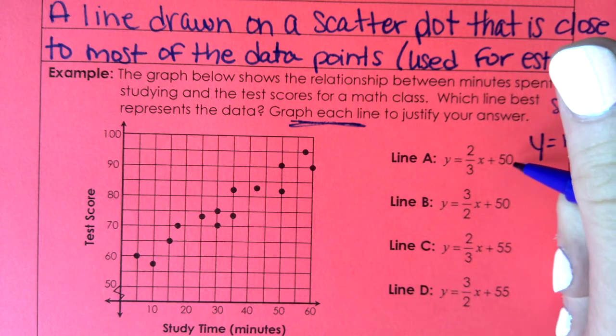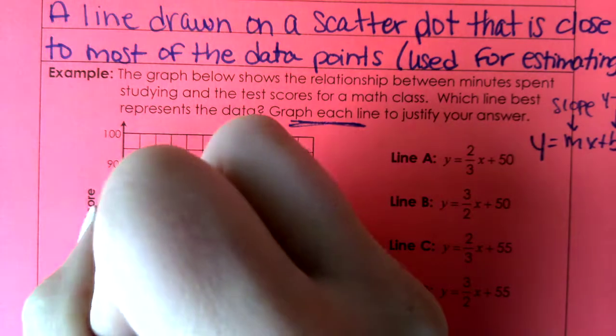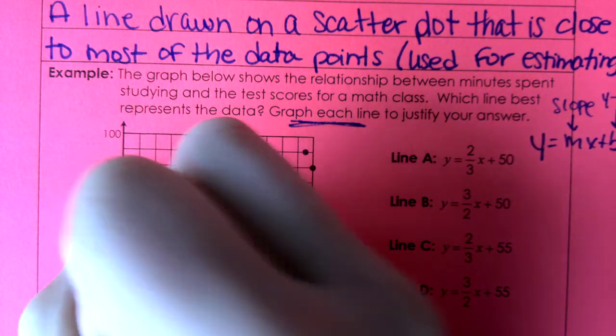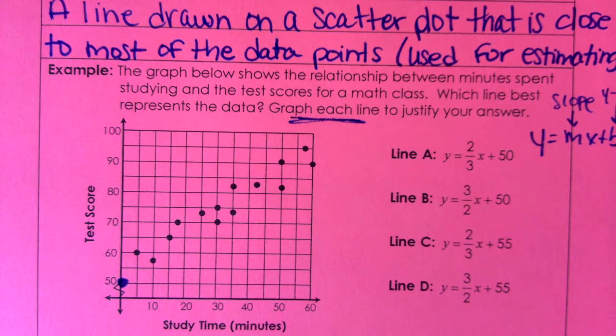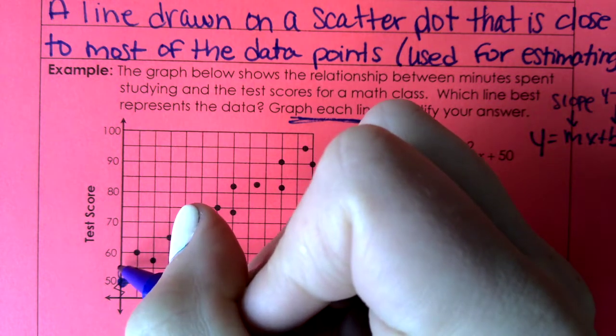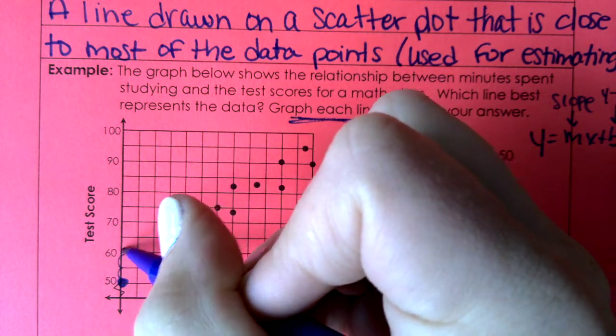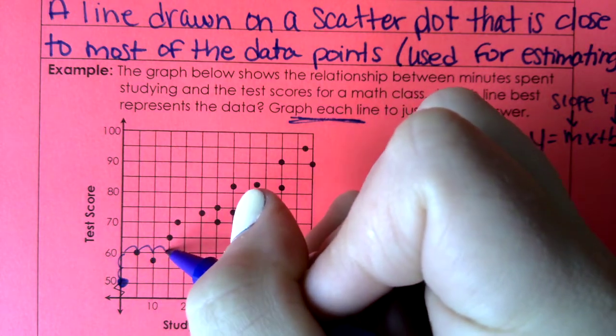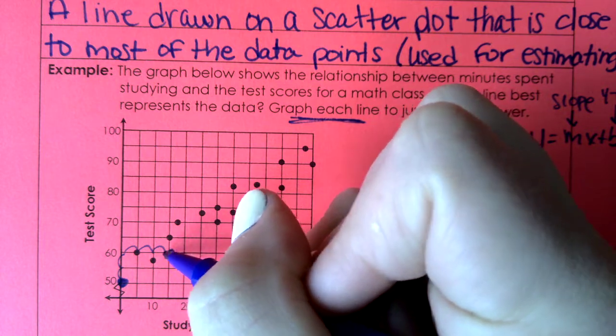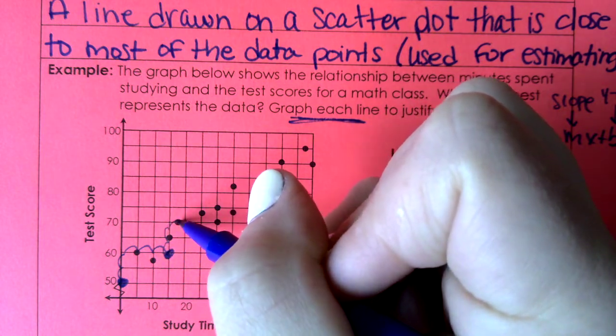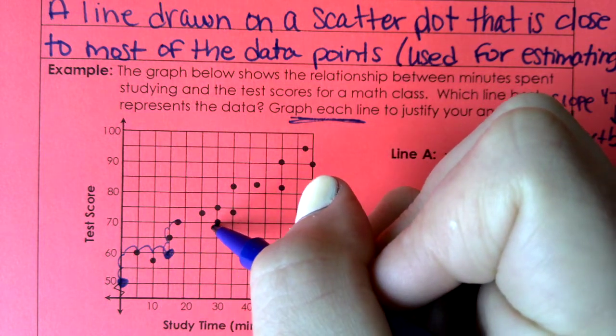So on line A, I'm going to start at 50. Well, that's right there. From there, I'm going to go up 2 over 3. So up 1, 2, over 1, 2, 3. Up 1, 2, over 1, 2, 3.